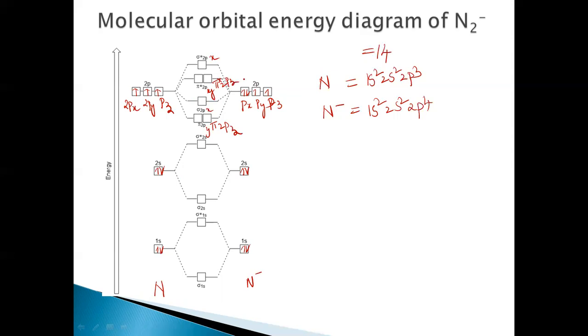Here also pi star 2py, pi star 2pz. When you fill up these electrons, 1, 2, 3, 4: sigma 1s and sigma star 1s, 4 electrons here, here also 4 electrons. And here 1, 2, 3, 4, 5, 6, 7. So the 7 electrons: first this becomes half filled, completely filled, 4 electrons, 5 and 6, and this is 7.